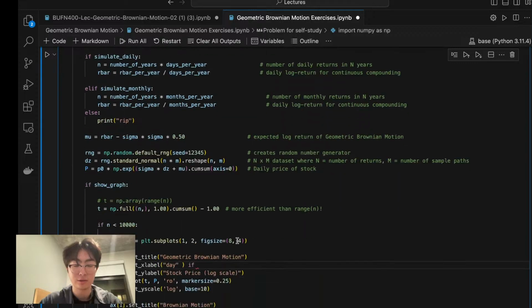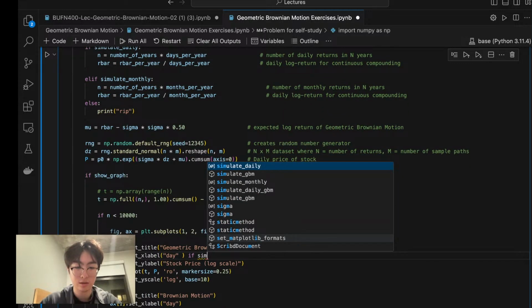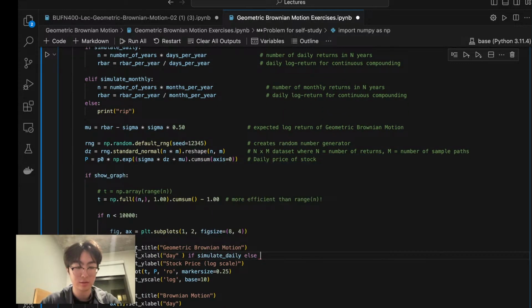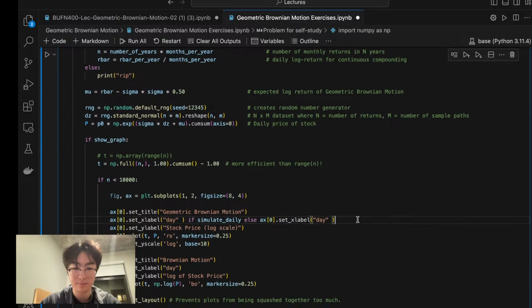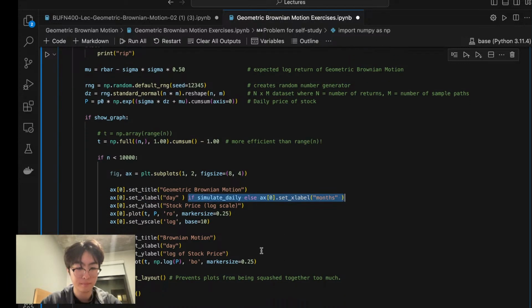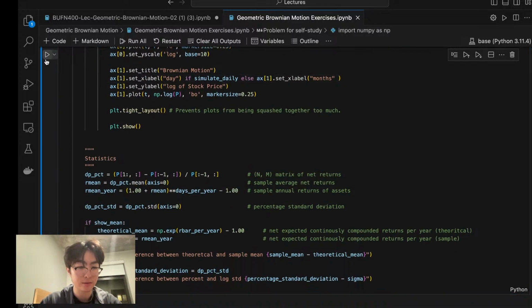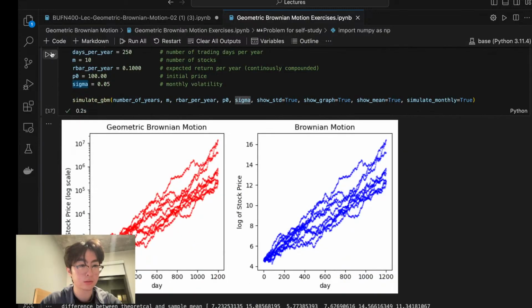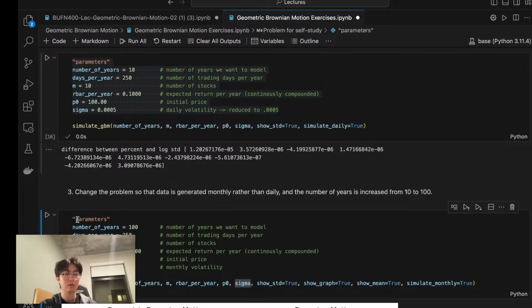If simulate daily, else I think we should probably run this, right? Months. Let's see if this works. Okay, nice.